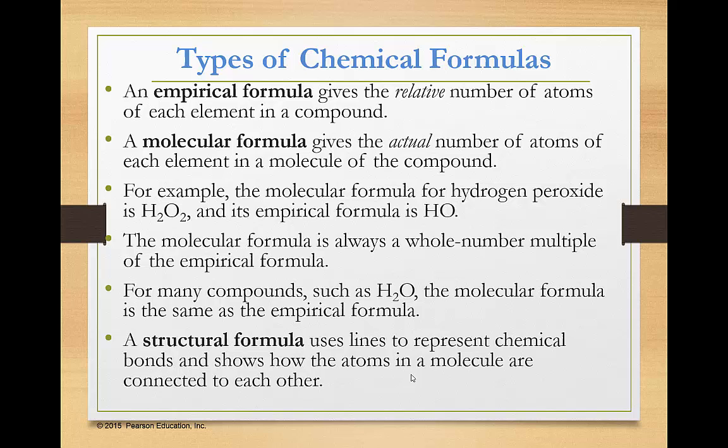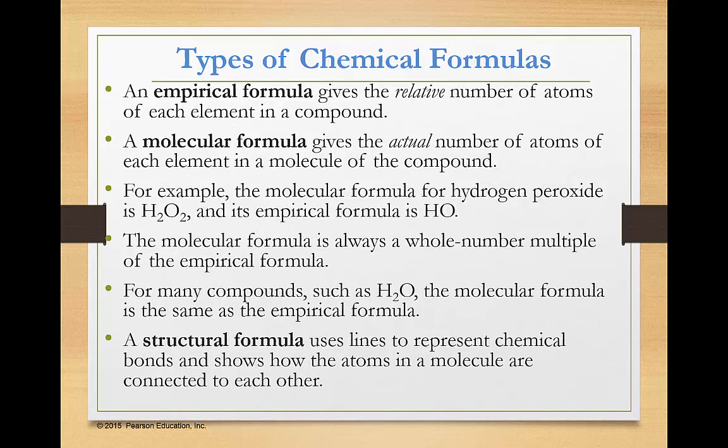Now, you can also have a molecular formula. A molecular formula is going to give you the actual number of atoms of each element in a molecule of that compound. One example of this is hydrogen peroxide, the topical cleaner that you have at home, which usually comes in a brown plastic bottle, usually a 3% solution.